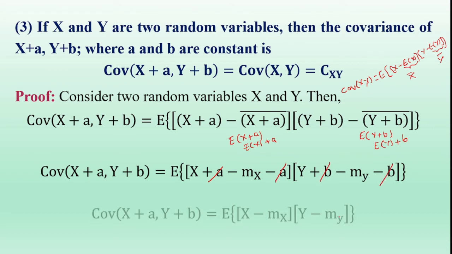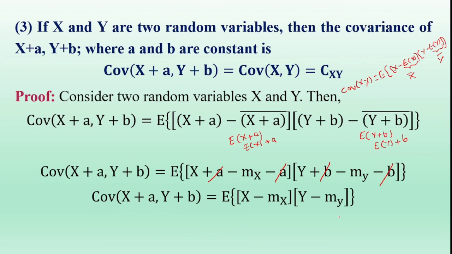Therefore covariance of X plus a comma Y plus b is equal to the expectation of (X minus mx) into (Y minus my). So the RHS term is the covariance between two random variables, that is covariance of X comma Y. And this is the third property.